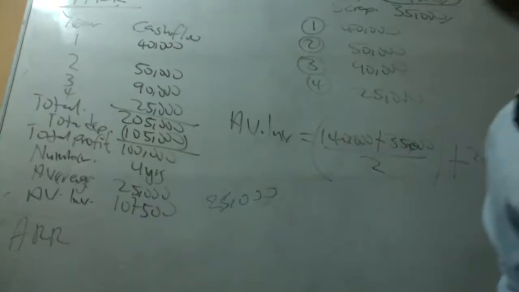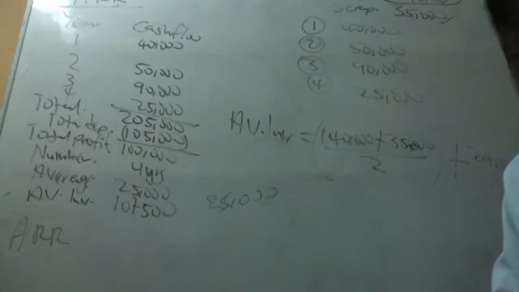That will give us 25 divided by 107.5 times 100. Good. So that gives us 23.26%, or 23.3%. So that's 23%.